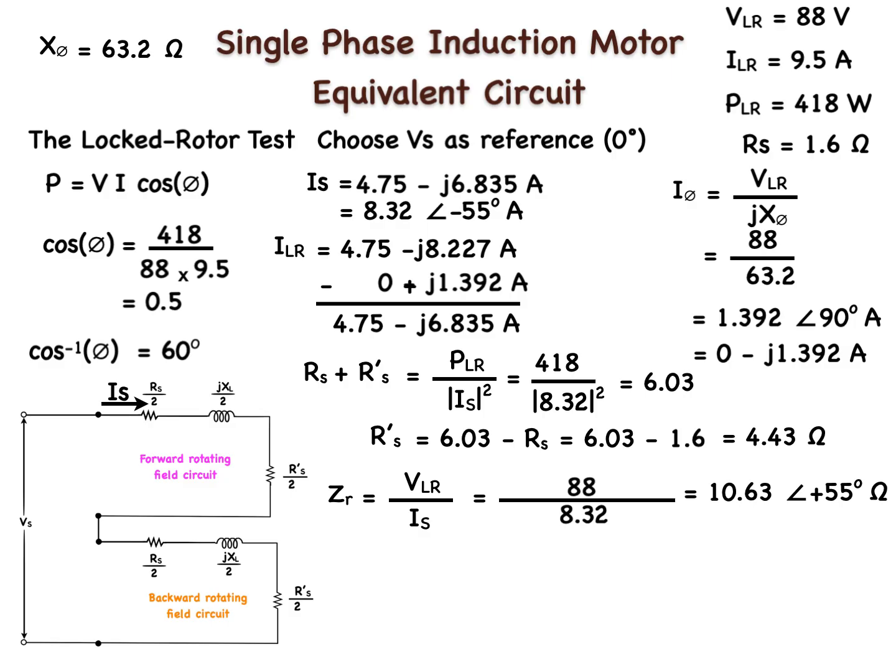In order to find the leakage reactance, all we have to do now is to find the sine of ZR, which is the sine of 55 degrees times 10.63, and that equals 8.71 ohms. We have now successfully completed the calculations for all of the parameters of our equivalent circuit.